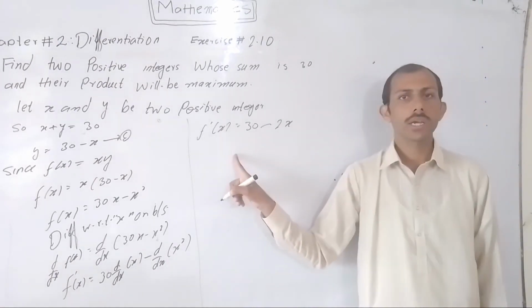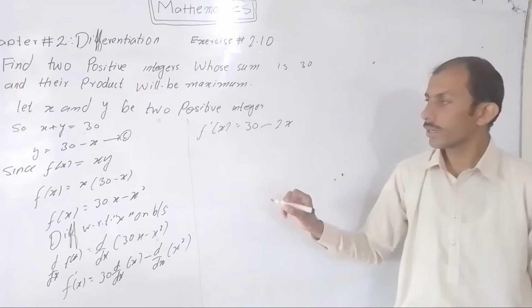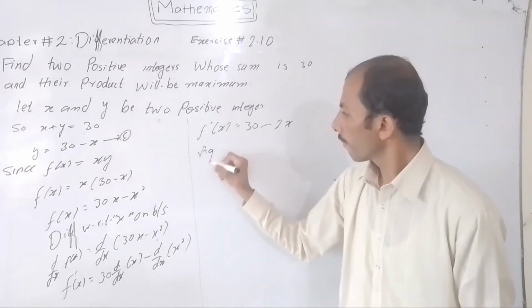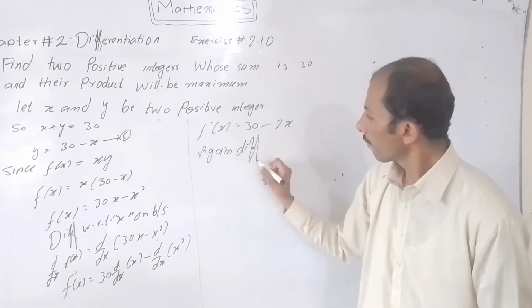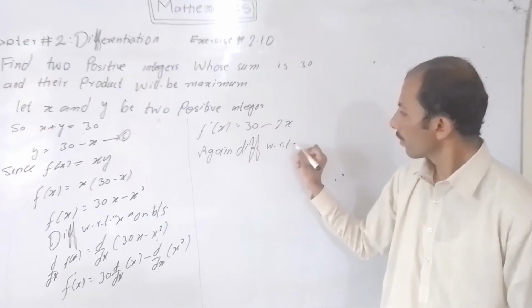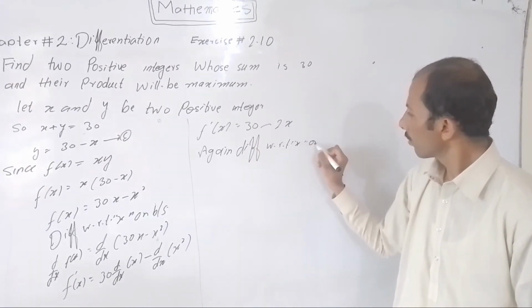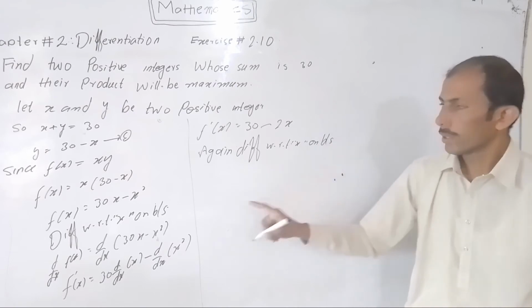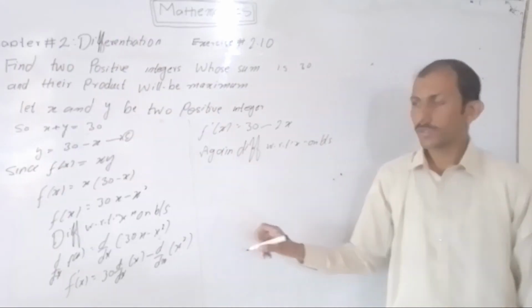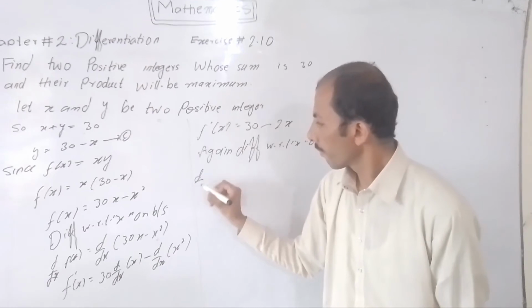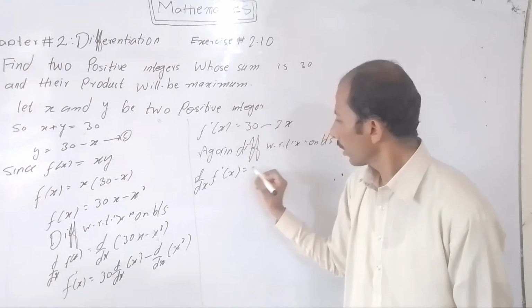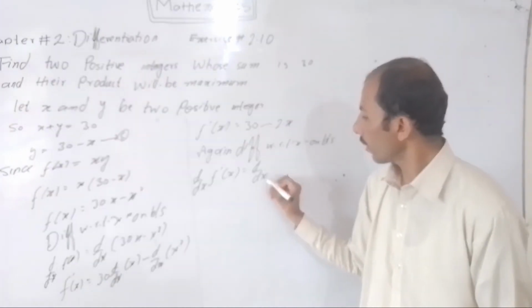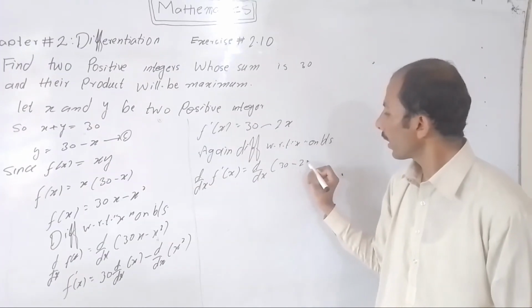Again differentiate with respect to x on both sides. Derivative of f prime of x is equal to derivative of 30 minus 2x.